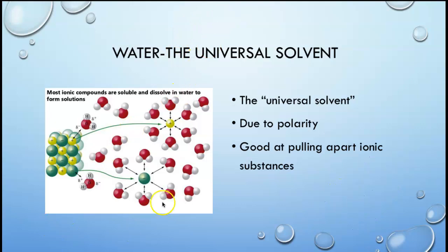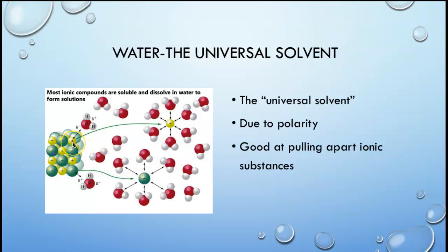Now, the fact that it has that positive and negative end makes it good at pulling things out of a crystal. So again, if this is a crystal, take something like sodium chloride that has sodium ions, which would be the positives, and chloride ions, which would be the negatives.